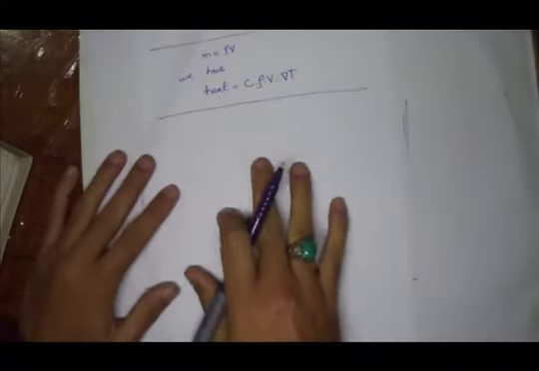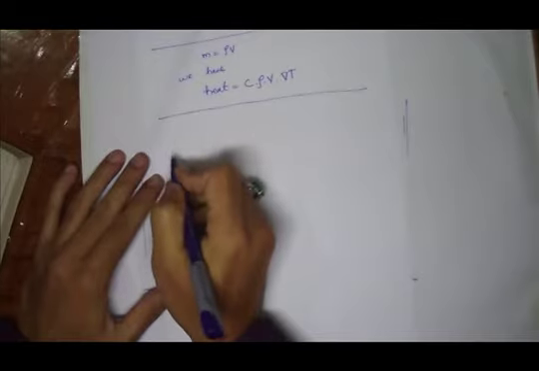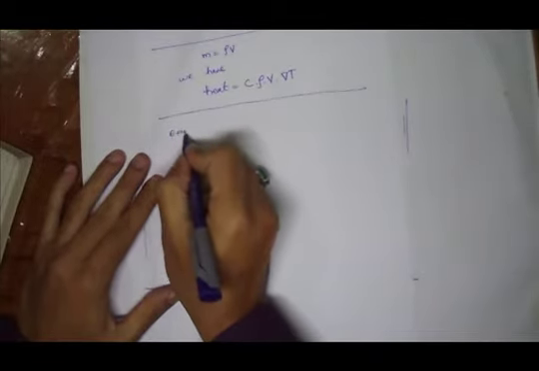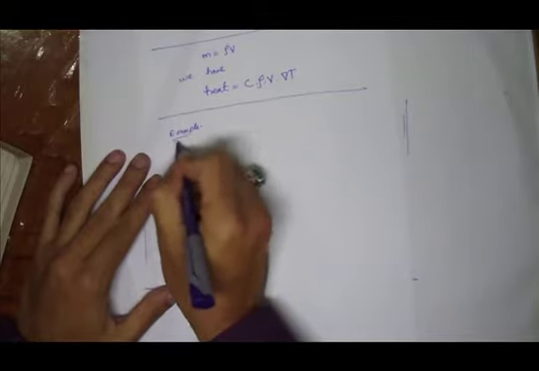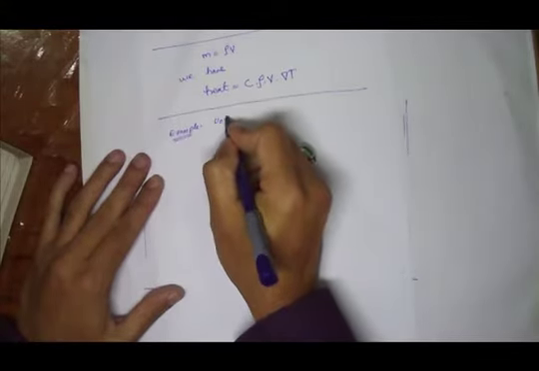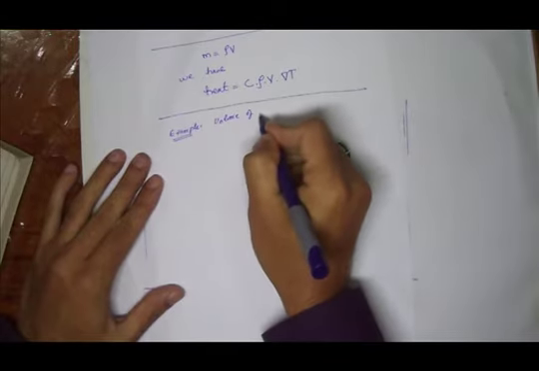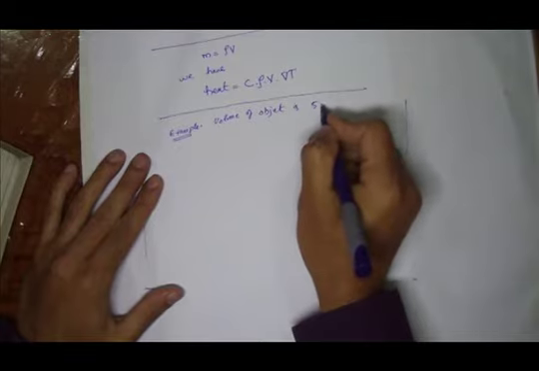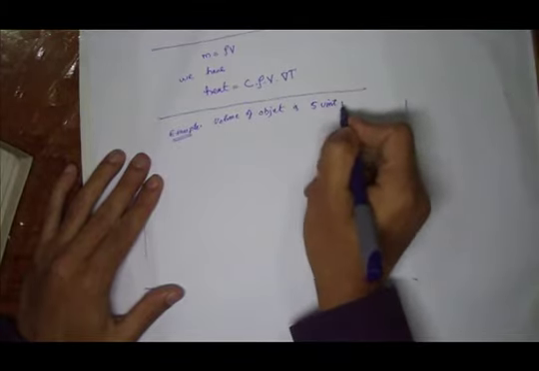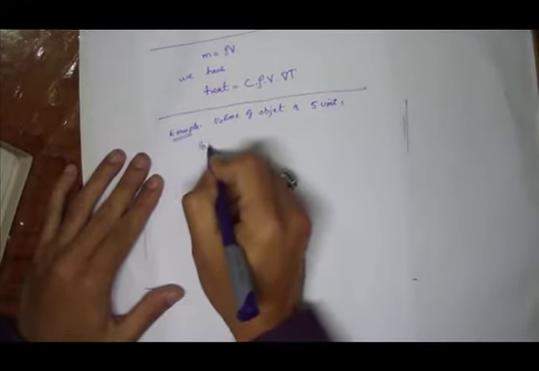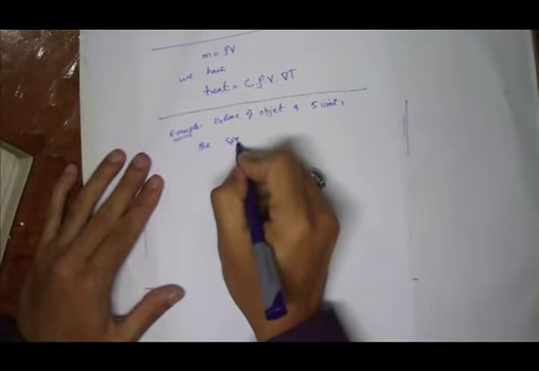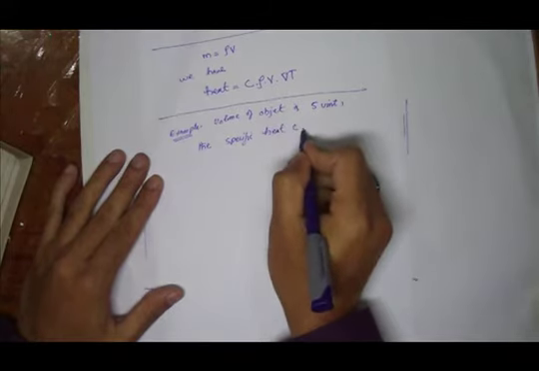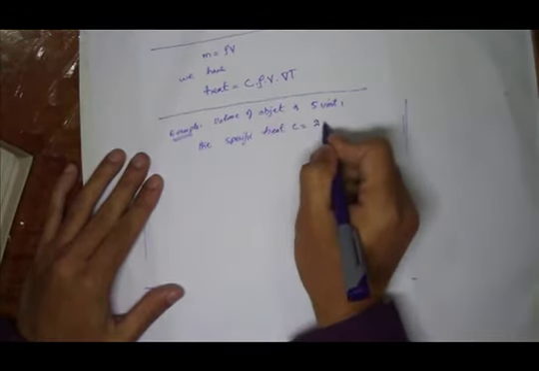Now focus on this small problem. The volume of an object is 5 units. The specific heat C is 2 units.